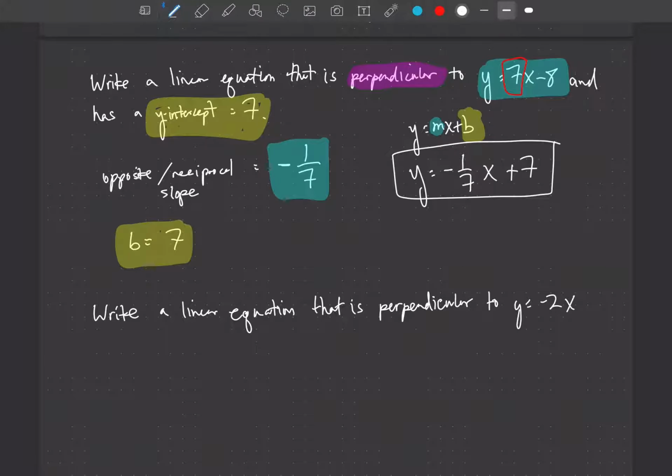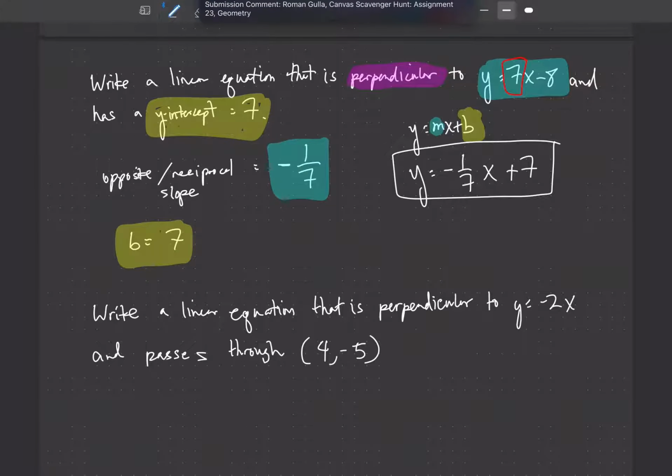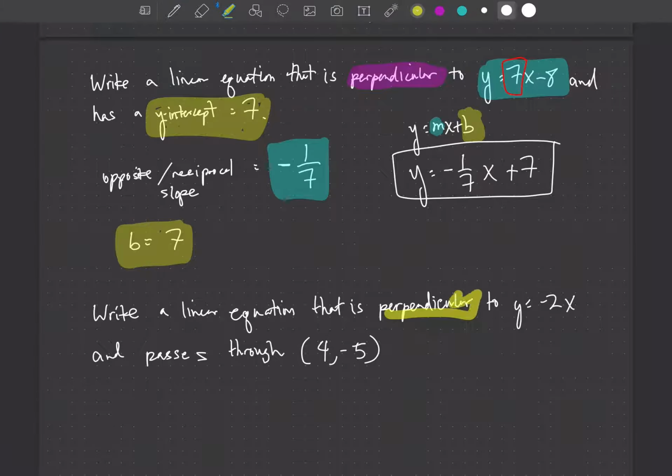My original line is y equals negative 2x, and I want it to pass through a point at 4, negative 5. From here, I'm going to get my information. So I have perpendicular lines, so that's good.